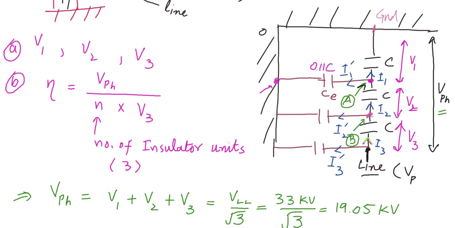So now the voltage between node B and the ground, if we look up, we can see this is simply the sum of V1 and V2. So voltage from here to the top node is V1 plus V2.